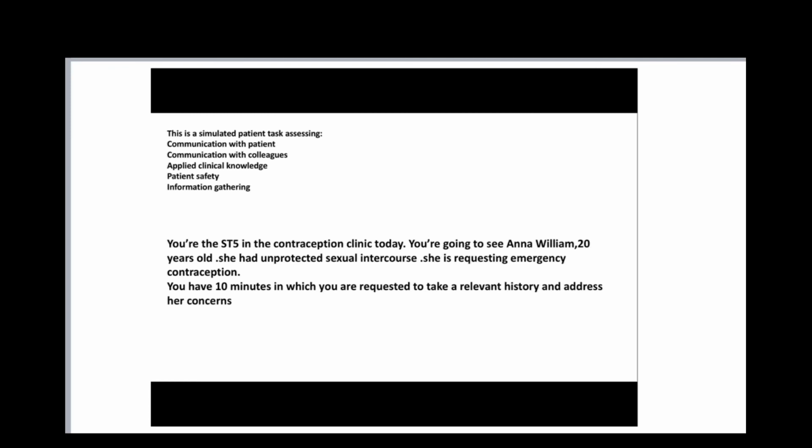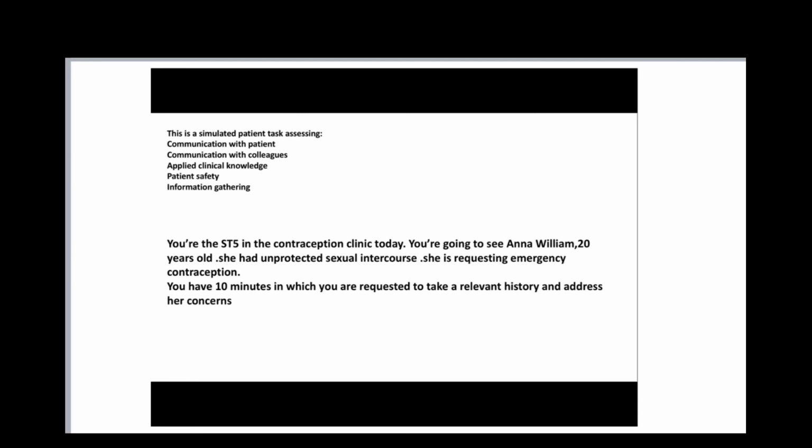Actually, this Livonnel can be used more than once in the same cycle. Okay. And we need to double the dose in one of three conditions: if the BMI is more than 26, if the weight of the patient exceeds 70 kilograms, or if she is taking enzyme inducers. Okay.